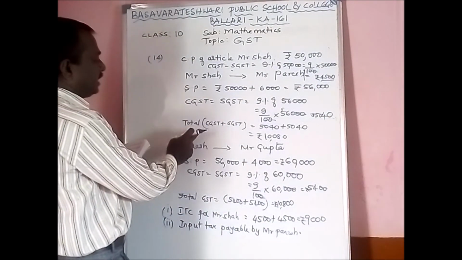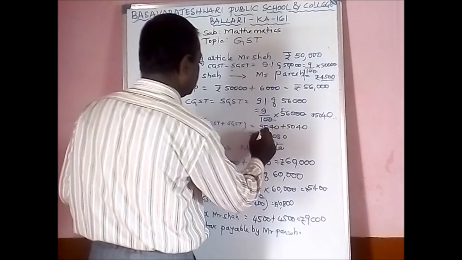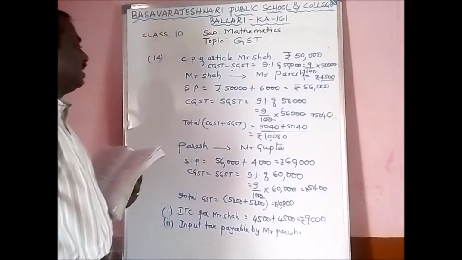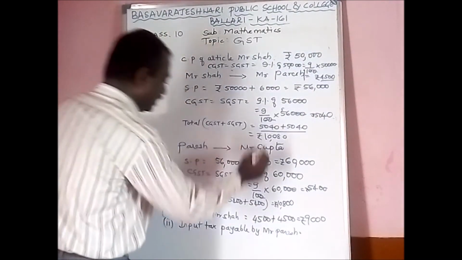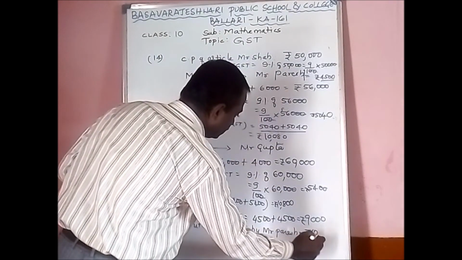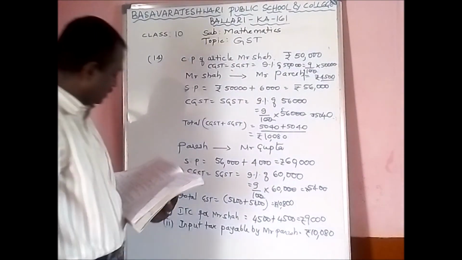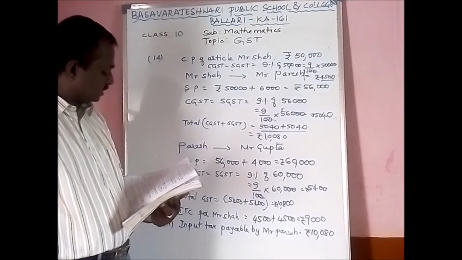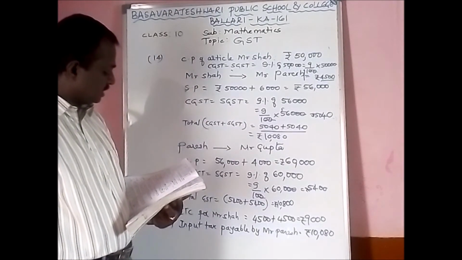That means for Paresh this is the input tax. Total how much does he have to pay? 10,080 rupees.